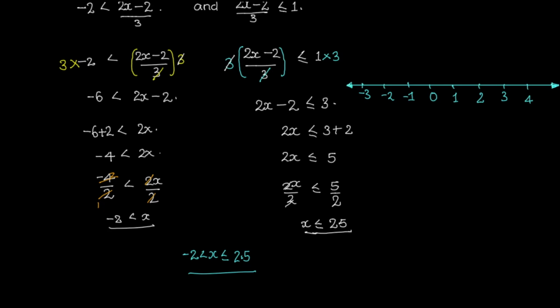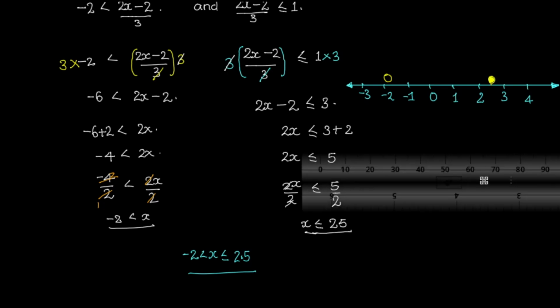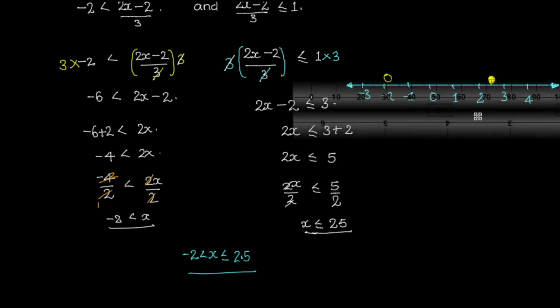Then zeroing down to negative 2, we'll have our circle which is empty. Then this one is 2.5, between 2 and 3 exactly here. So we draw our circle, but this time it is also shaded as we know already. Don't need to waste time here. Then we join those 2 circles together and they look like this.